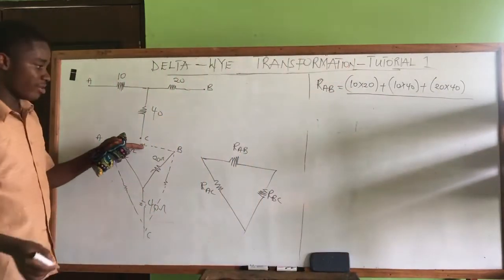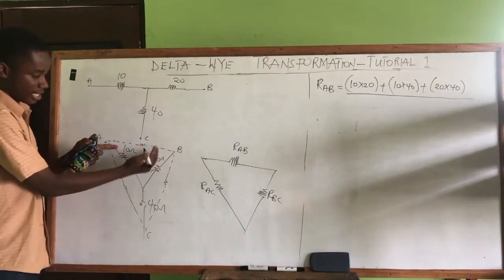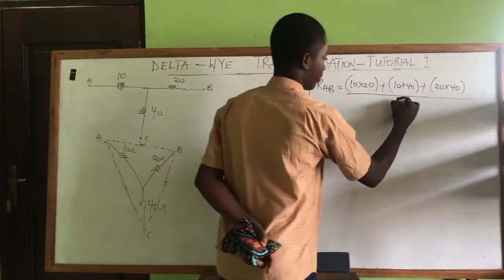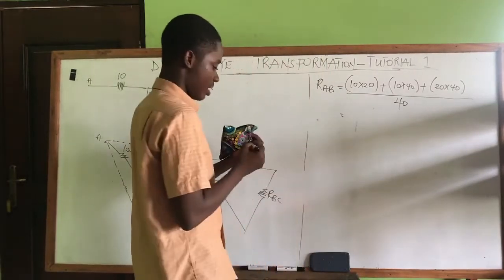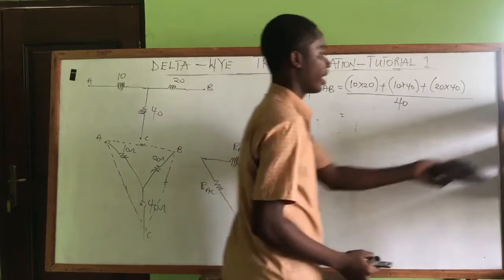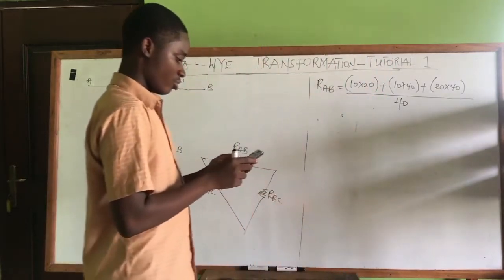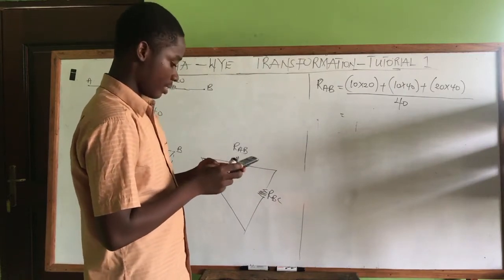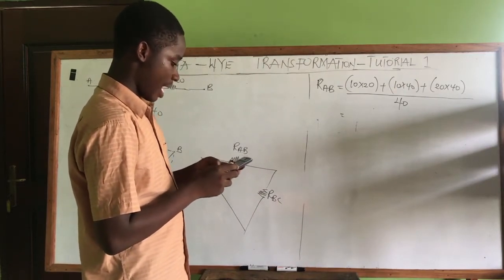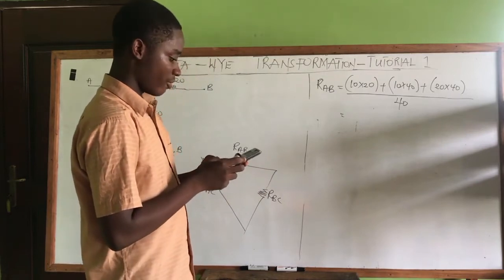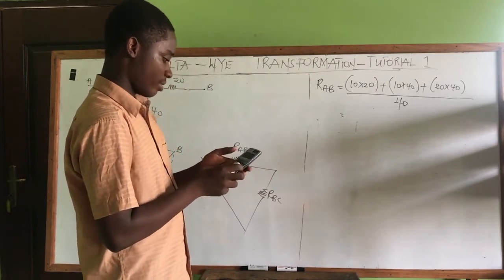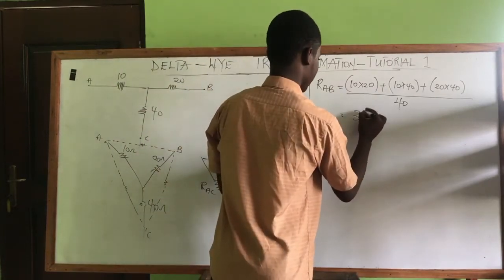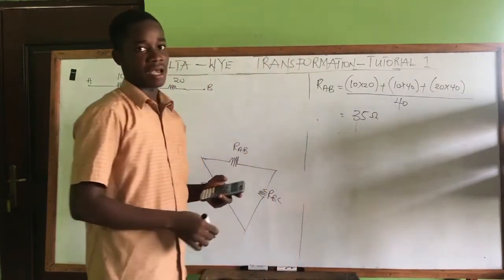We want RAB here, so this and this are surrounding this one, so we divide it by the other value, which is 40. Now we punch this on our calculator: 10 by 20 plus 10 by 40 plus 20 by 40 divided by 40. And we are getting 35 ohms as our RAB.